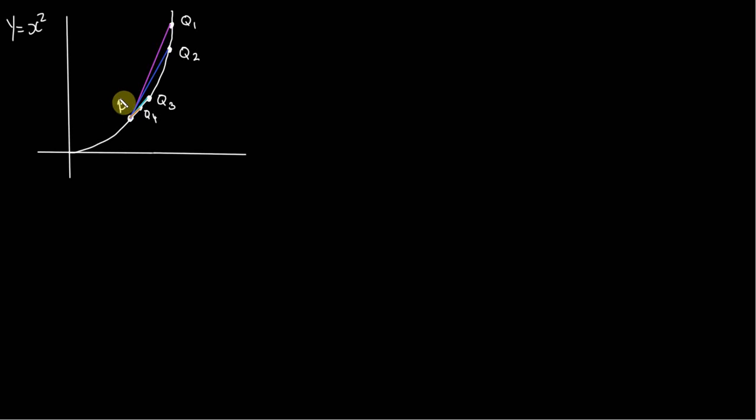Okay, and to consider the graph that we've got here in front of us. We've got this fixed point B on a curve, and the curve happens to be y equals x squared. And here we have a sequence of points, q sub 1, q sub 2, q sub 3, and q sub 4. And notice that each point, as we work our way from q sub 1 to q sub 4, is getting closer and closer and closer to B, right?